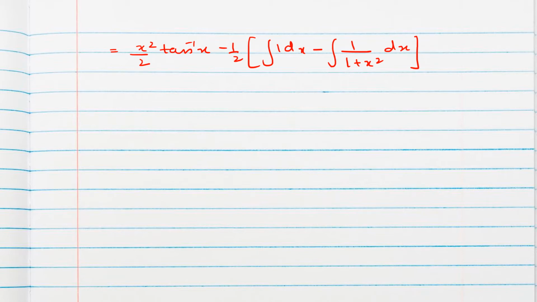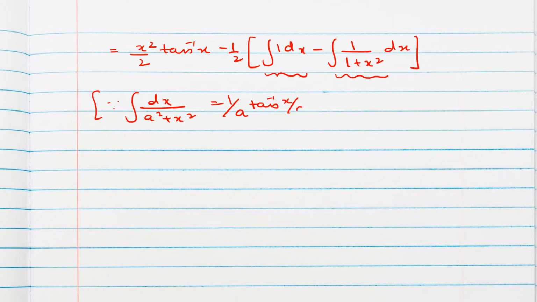So x square by 2 tan inverse x minus half integral 1 dx minus integral 1 by 1 plus x square dx. Okay, so for this we have formula directly x will come, and for this we can write, since we know dx by a square plus x square is 1 by a tan inverse x by a plus c.